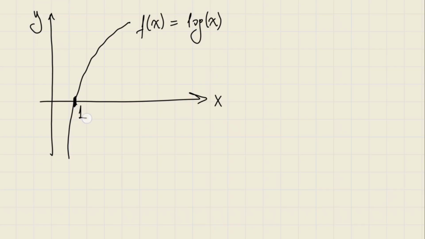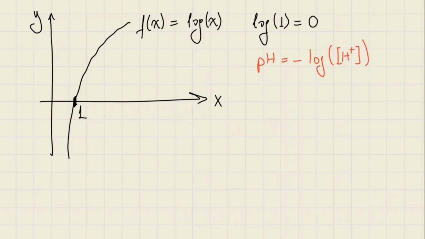So at 1, when the x value is 1, it becomes 0. And as we said, pH is equal to minus log hydrogen plus concentration. And we can also define another thing, the OH ion concentration, and it is minus log OH minus concentration.